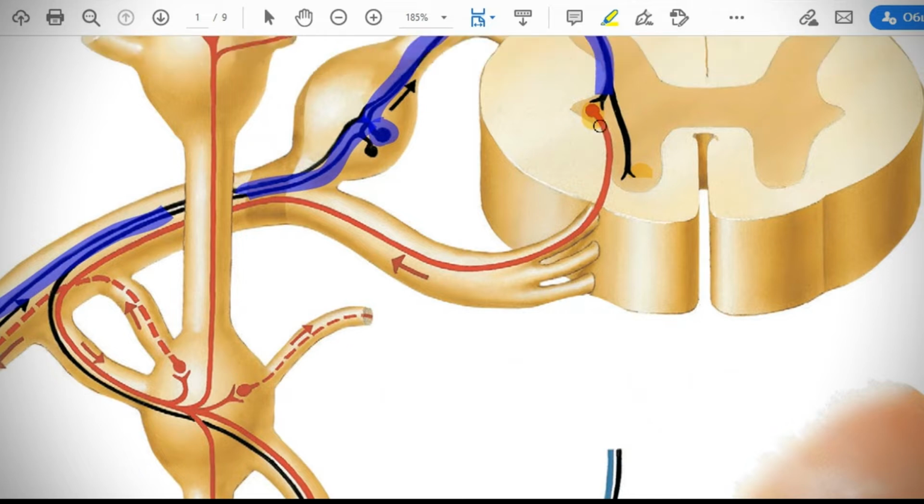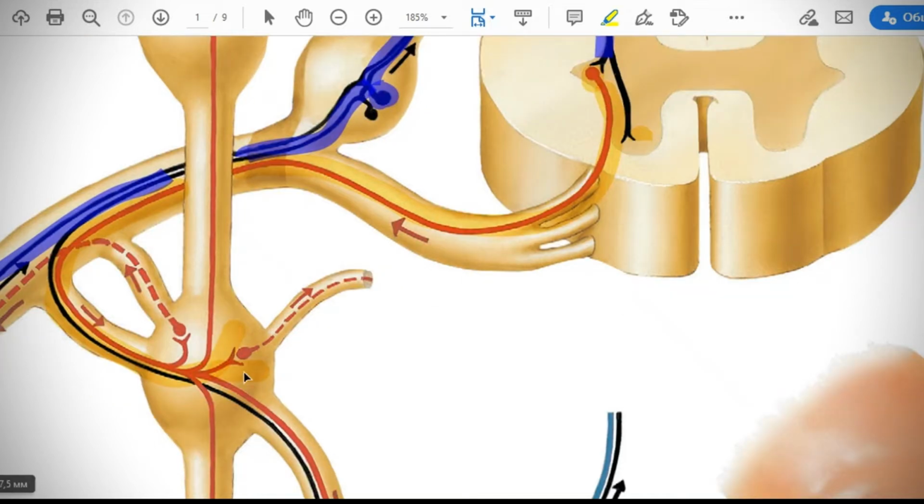The fibers go out of the spinal cord and then go to a ganglion. This is the main difference of the vegetative systems: there is a ganglion that also consists of neurons, and it is like a second neuron. There will be transmission of the impulse there.